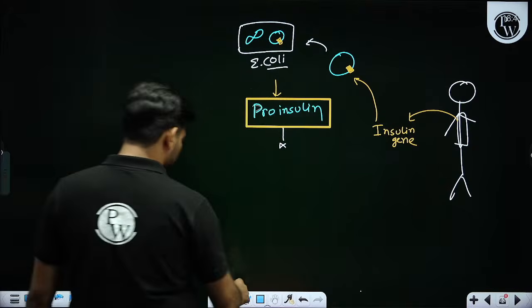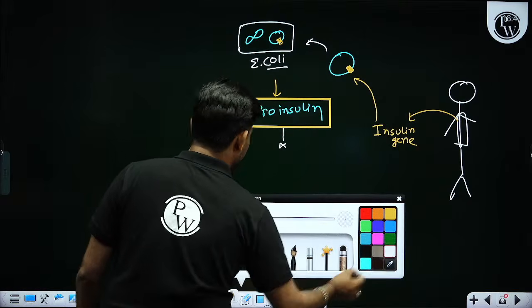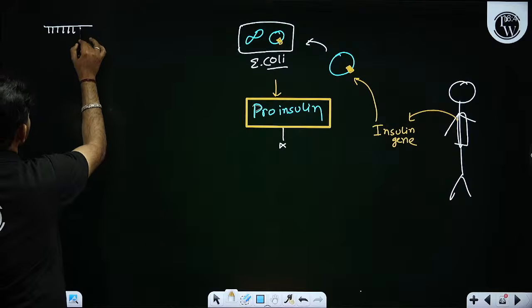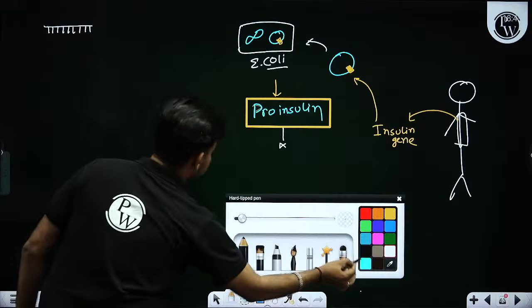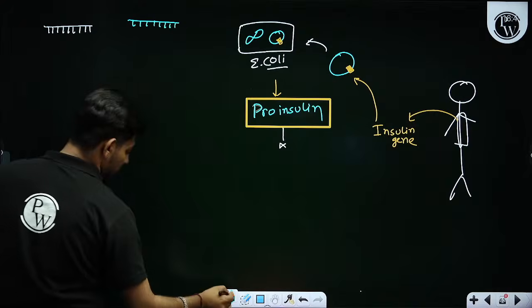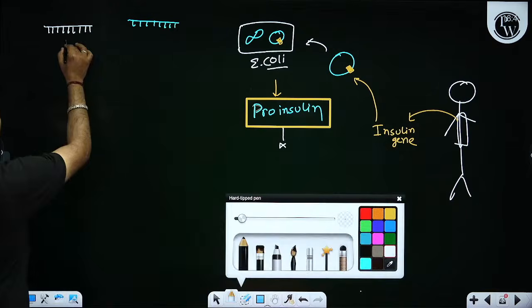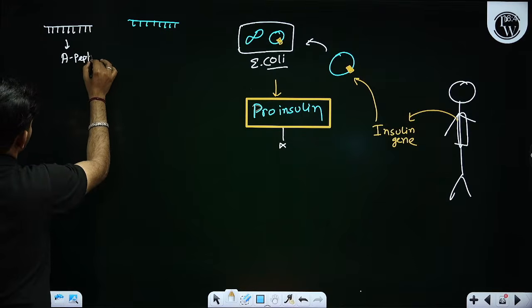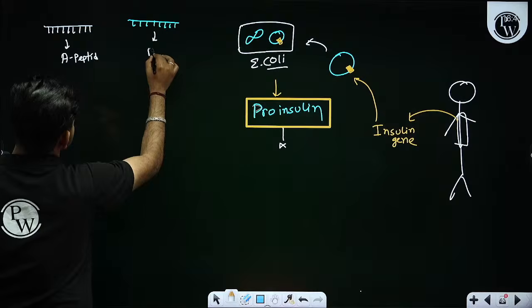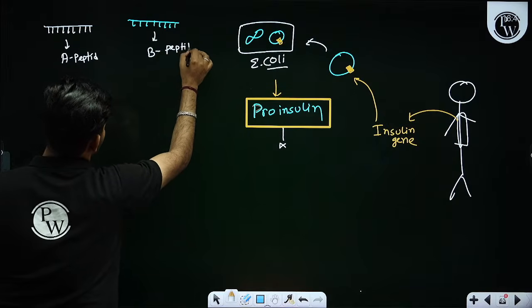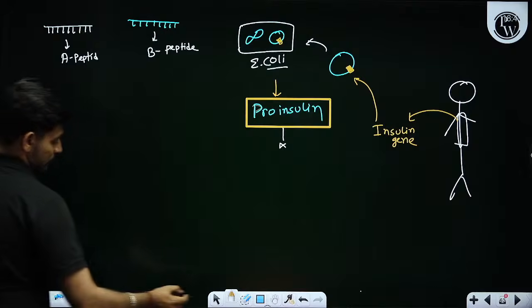So for that, we have to construct sequences of two different DNAs. One can produce the A peptide, another can produce the B peptide, right?